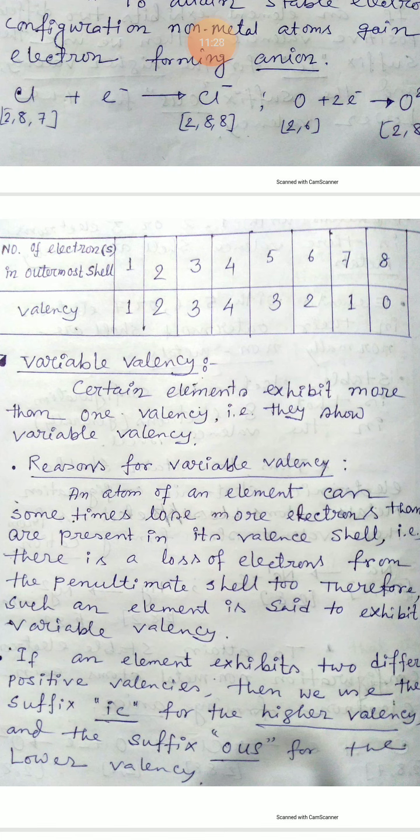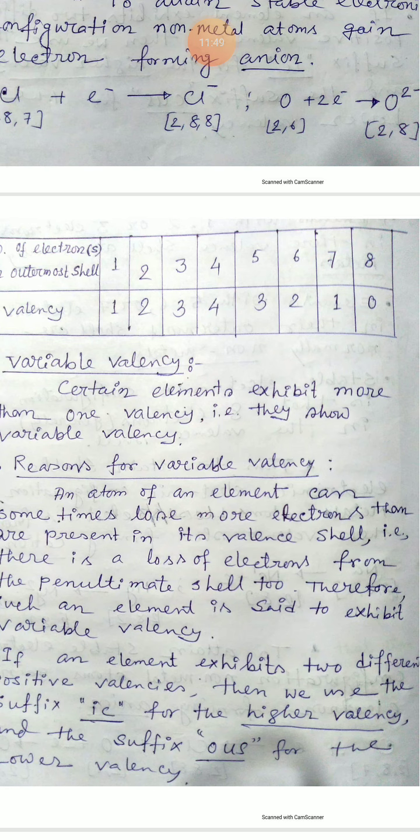Similarly, when 6 electrons are there, it will accept 2 more electrons, because this is easy, rather than to release 6 electrons. That's why valency is 2. When 7 electrons are there, it will accept 1 more electron, so valency is 1. When 8 electrons are there, then valency is 0.